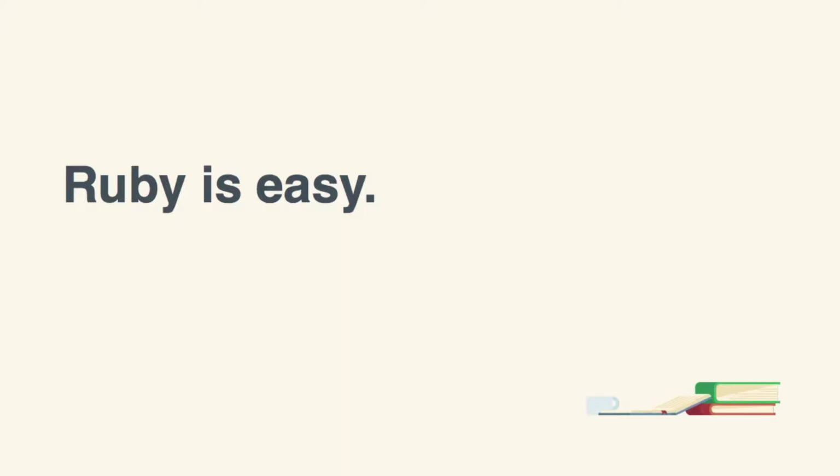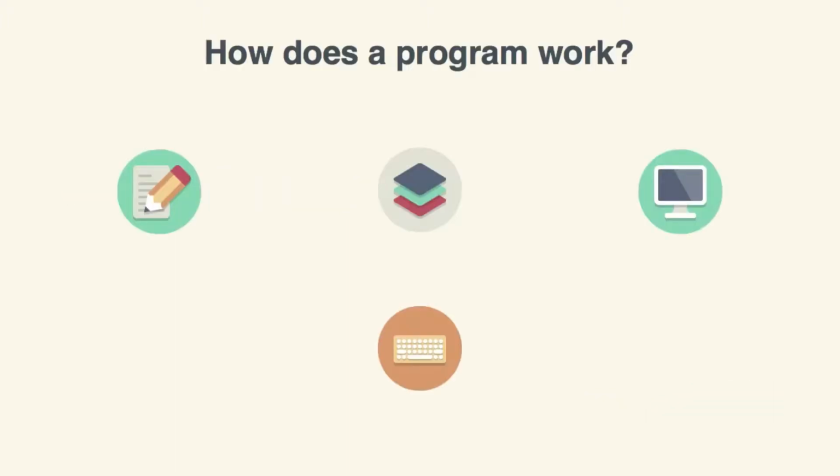So I'm going to show you here a little diagram that explains very briefly how a program works. In this specific case for Ruby, we are going to use a text editor to write some Ruby code that goes into a file. The file will effectively be our program. You need to pass that in to the Ruby interpreter so that it runs.